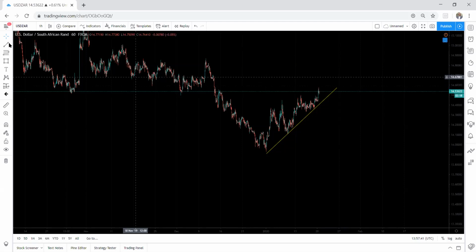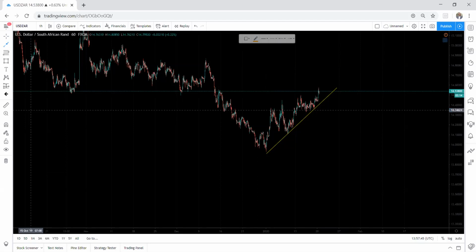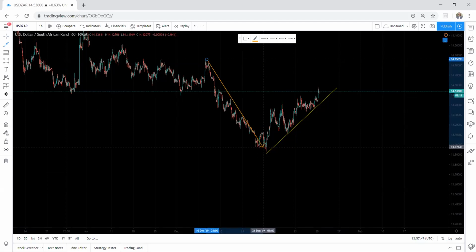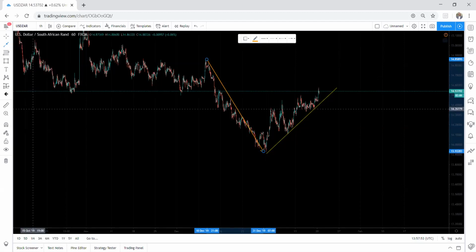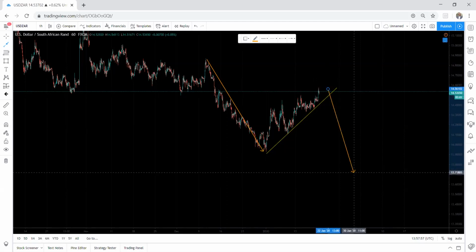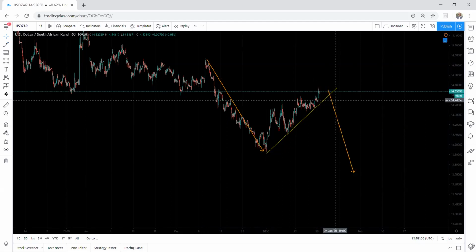So already here you have your move to the downside, you have correction, and then what are you looking for? You are looking for a continuation of this trade, for this continuation to complete the structure. But how do you get in?